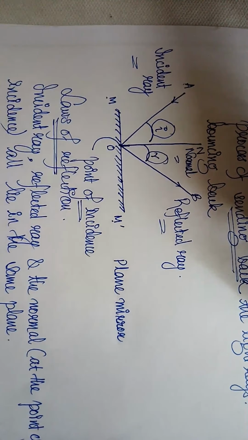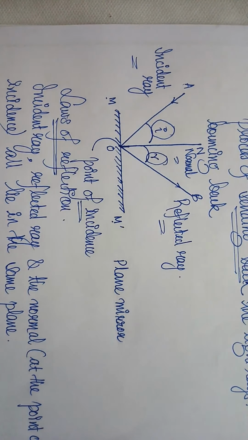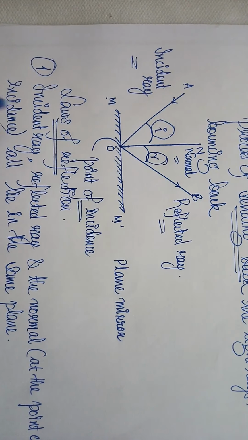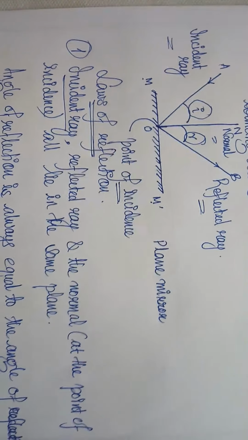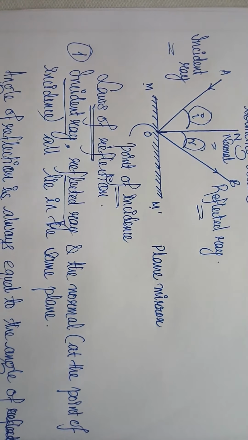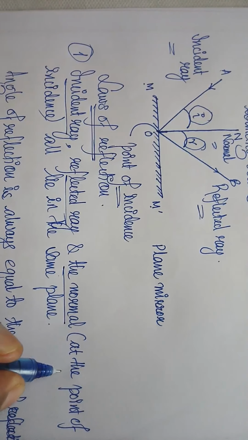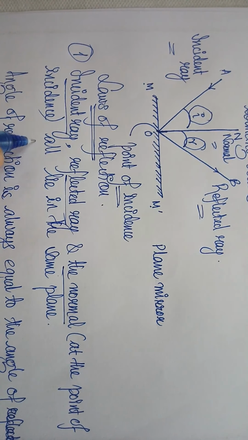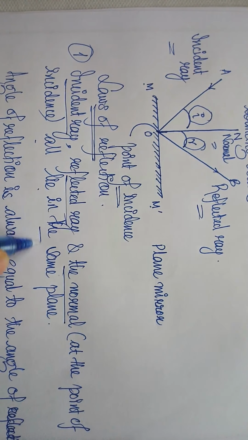What are the laws of reflection? The first law of reflection is: the incident ray, reflected ray and the normal at the point of incidence all lie in the same plane.